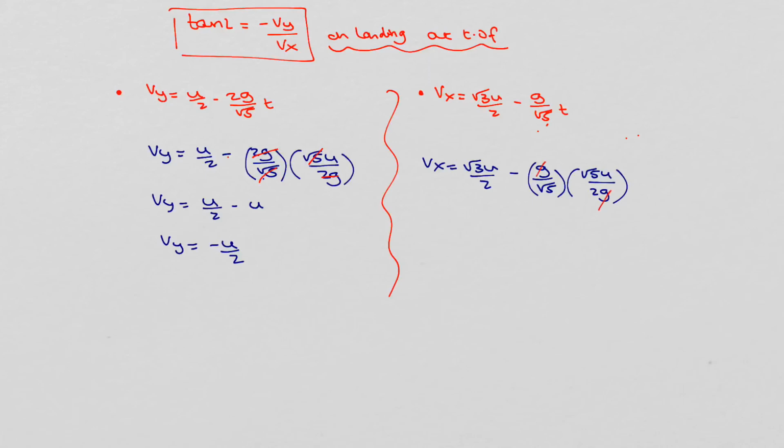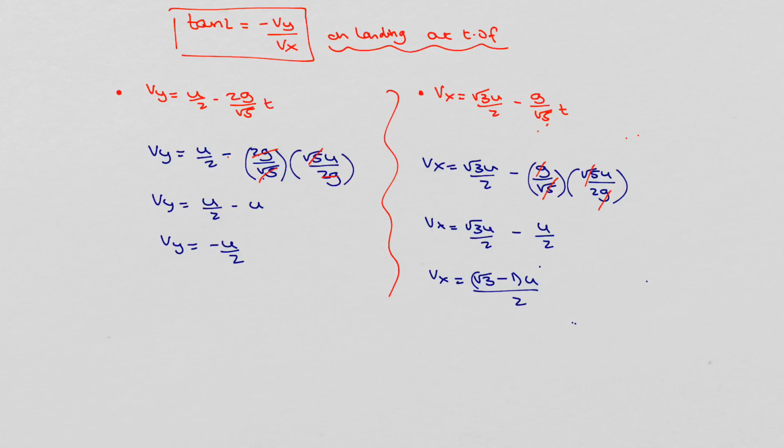Again, one of our G's is cancelled and root 5 goes into root 5 once. So that leaves us with root 3 U over 2 minus U over 2, and if I simplify that, I end up with root 3 minus 1 times U all over 2. So we have our Vx and we have our Vy.